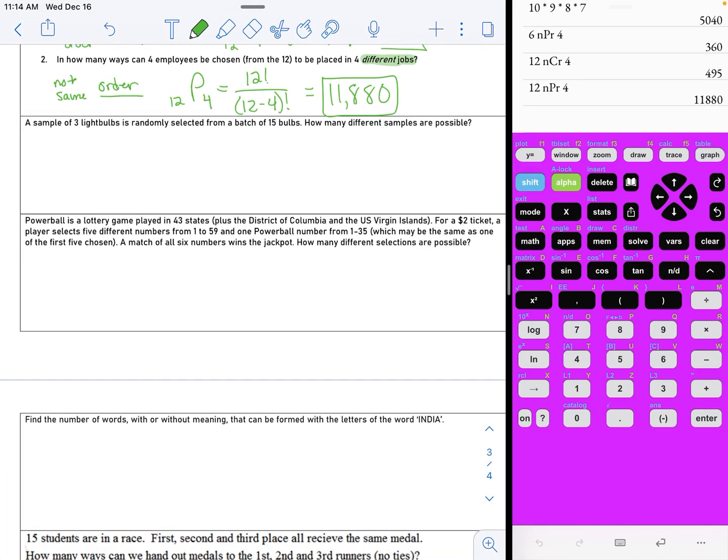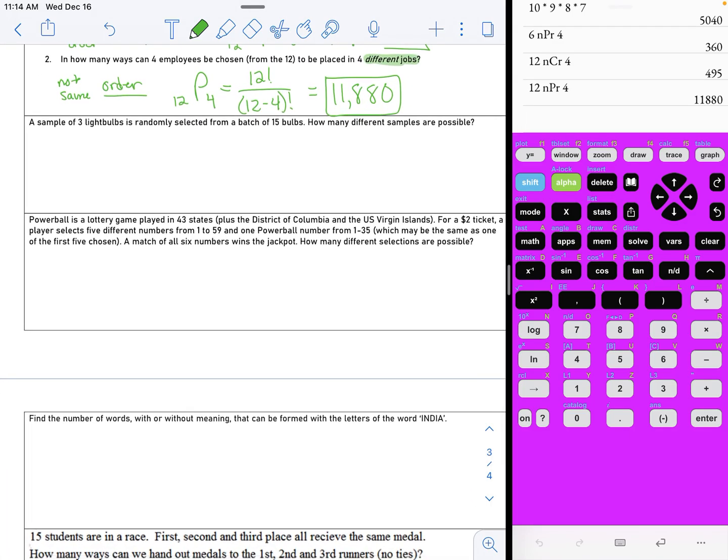All right. A sample of 3 light bulbs is randomly selected from a batch of 15. How many different samples are possible? What we need to think about is order. We're just talking about a group of 3 light bulbs to be sampled. There is no order implied in this one. It doesn't matter which one I pick first. So that would be a combination of 15 and 3.